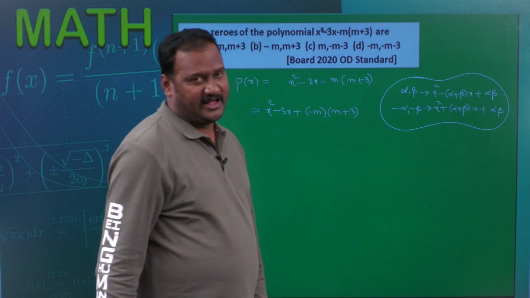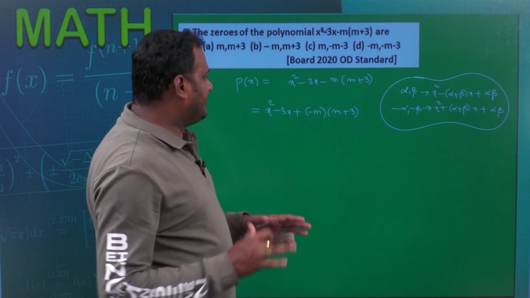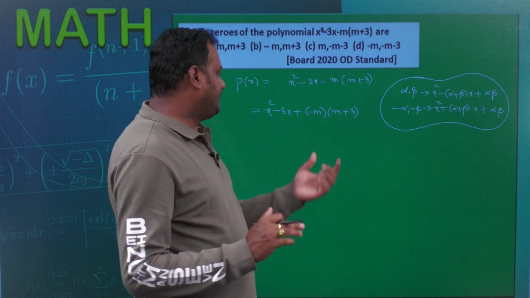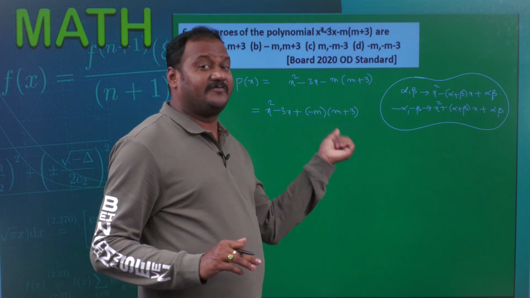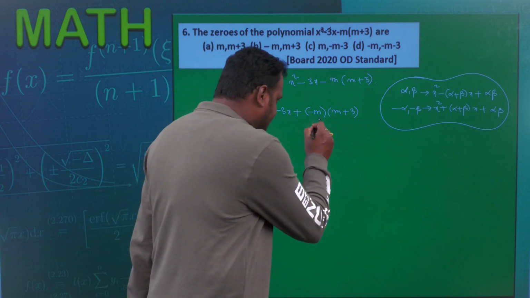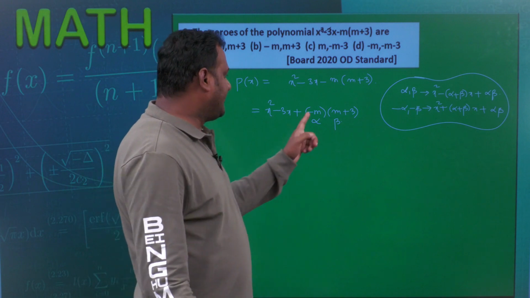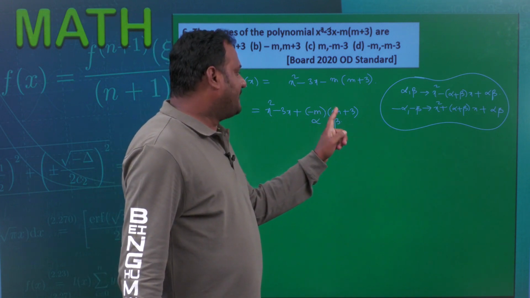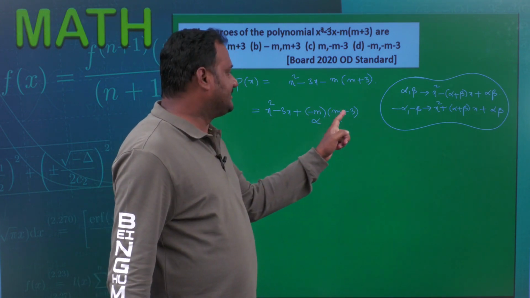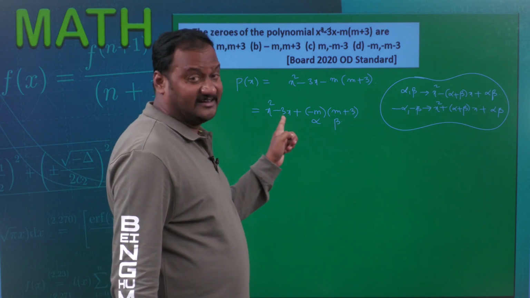Now I get one idea: if I consider these two as alpha and beta, then what is alpha plus beta? Minus m plus m plus 3. Minus m plus m gets cancelled, remaining 3. So the 3 is already there.